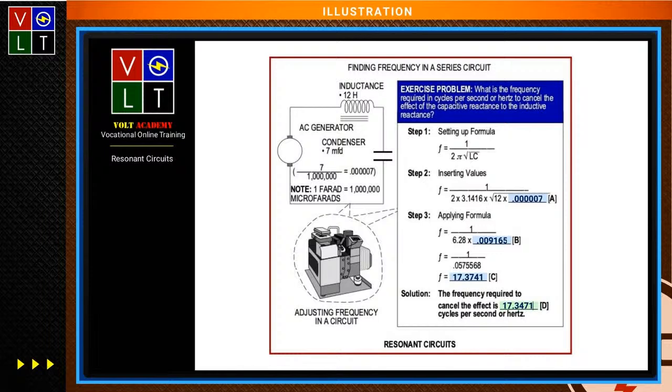So when I'm looking at this, inductive reactance increases in direct proportion to the frequency, and capacitive reactance is inversely proportional to the frequency. Due to this, the frequency can be adjusted to balance any capacitance and any inductance. In other words, the capacitive reactance must be equal to the inductive reactance with the proper frequency applied.